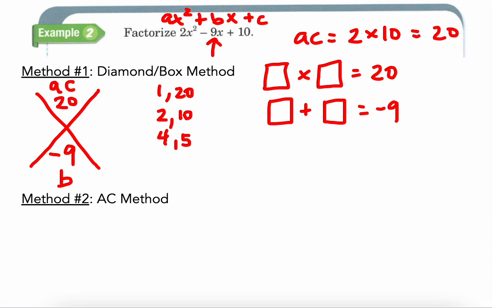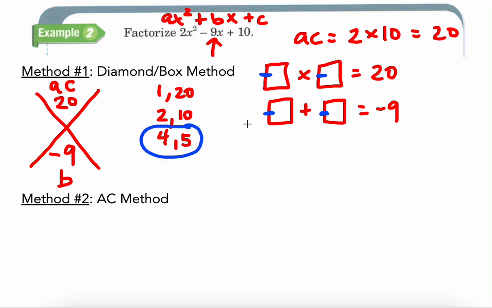If you haven't noticed by now, I need to get to a positive product, but a negative sum. So that actually tells me that one of them, or actually both of them, need to be negative, because that's the only way that's possible. A negative times a negative can get me to a positive product and also get me to a negative sum. So I'm looking for a pair of factors that will satisfy those parameters.